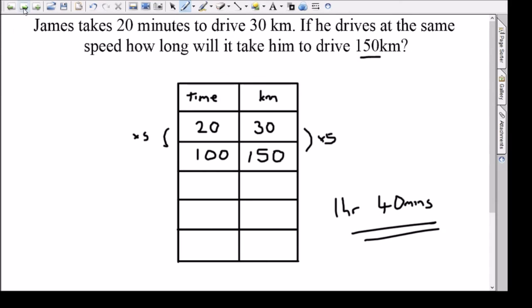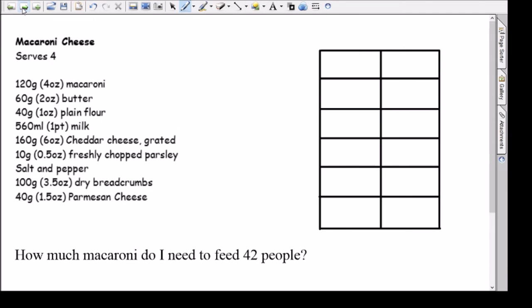Okay. Right, let's keep going. Let's do another one. Okay, these are really common and quite often very badly answered, but it's very easy to do. So recipe questions, I'm given a recipe, I'm told that to serve 4 people, I need these amounts of these ingredients. And I'm being asked, how much macaroni do I need to feed 42 people?